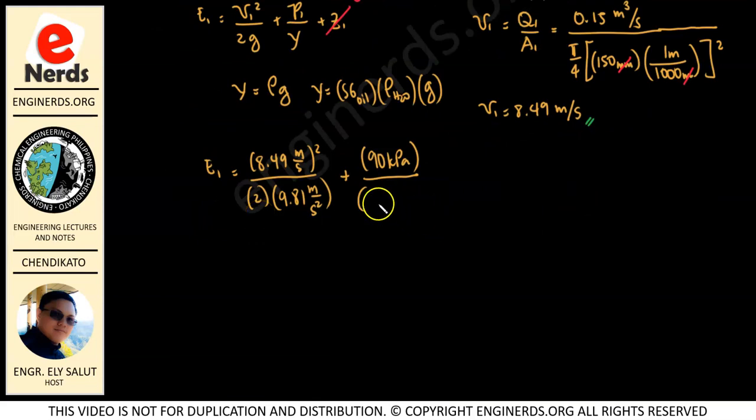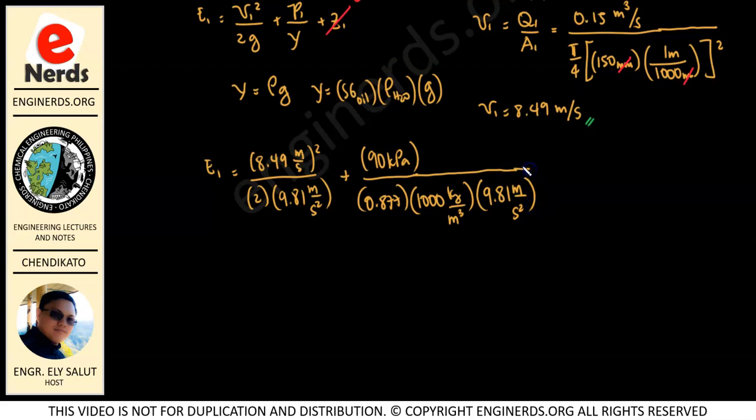So we have 0.877 times the density of water, which is 1,000 kilogram per cubic meters, times the acceleration due to gravity, which is 9.81 meters per second squared.